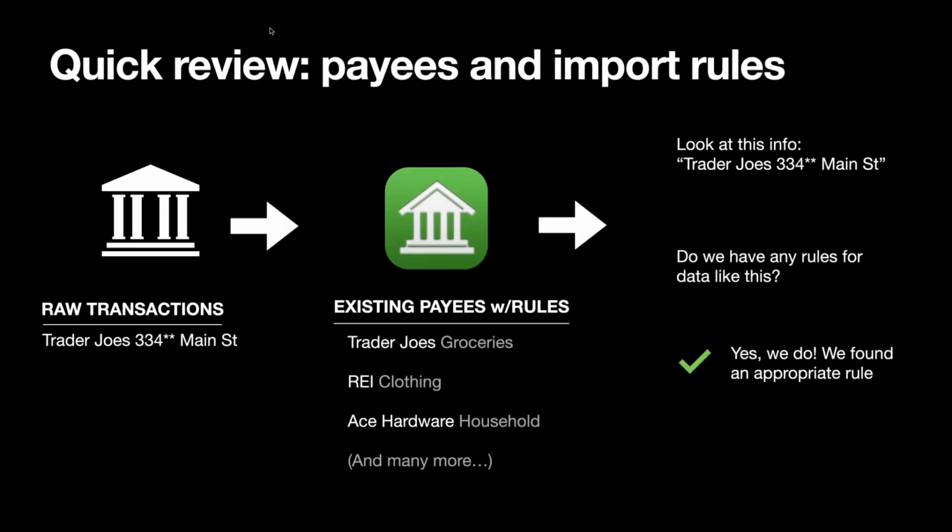We found a rule for when this jumbled up looking payee comes in, and so we're going to apply it, and then your transaction gets cleaned up and it just says Trader Joe's, and we apply the category groceries. So that's just a quick overview of the mechanics of what happens during the import process with payees and import rules.